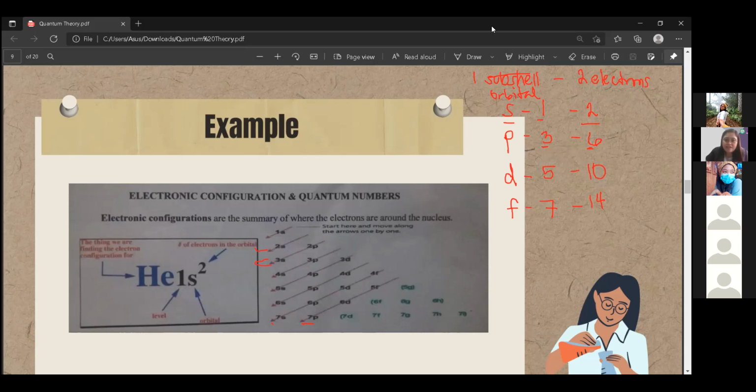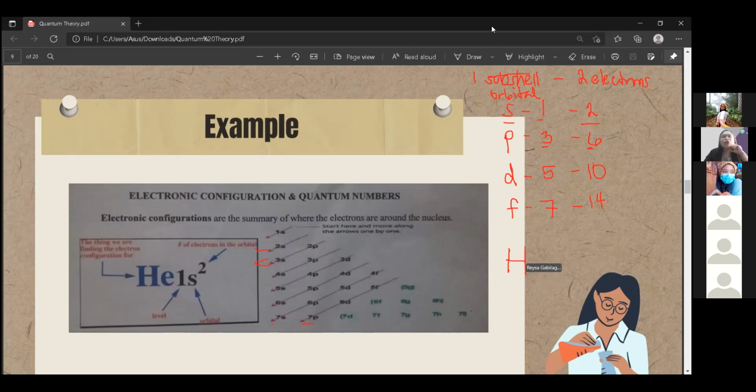Now, let's have an example for the electron configuration. Again, this is the distribution of electrons sa atoms natin. Paano ba sila na-distribute? Sa energy level and sa mga subshells nila and orbitals. Let's start with hydrogen.